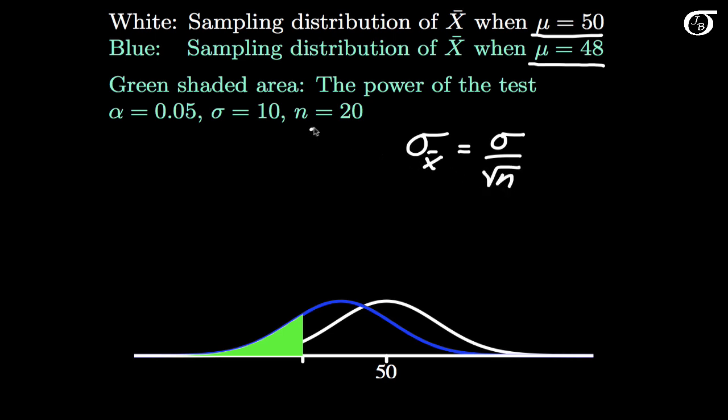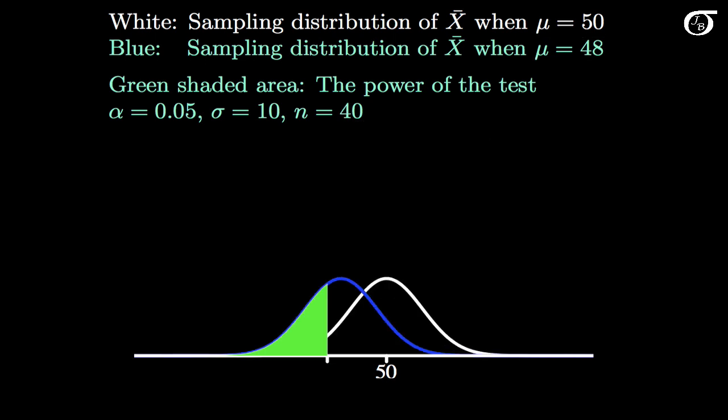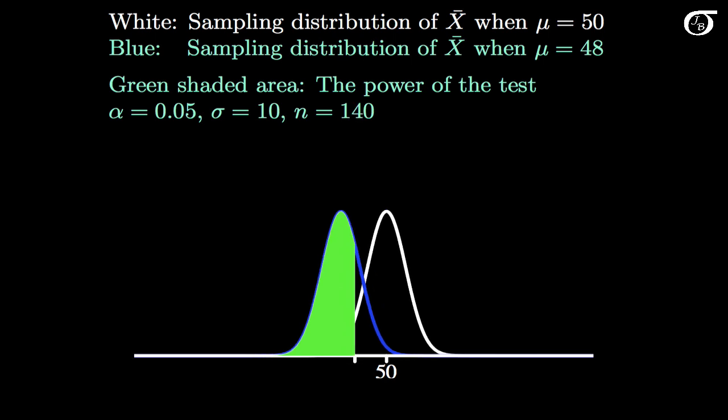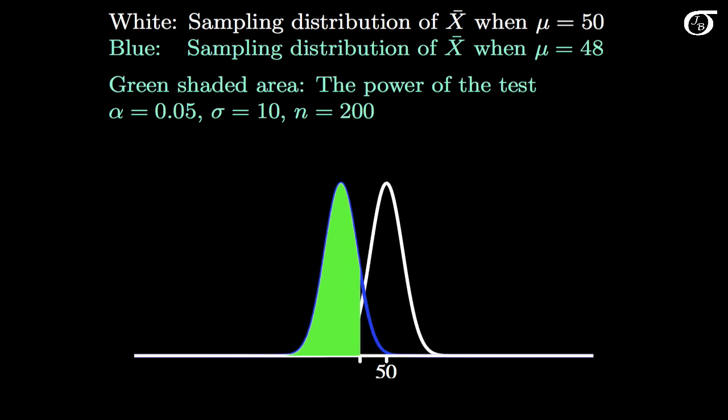So as we let this sample size increase, the standard deviation of these distributions is going to decrease, and this green shaded area representing the power of the test is going to increase. And if we made our sample size large enough here, the power would become nearly 1.